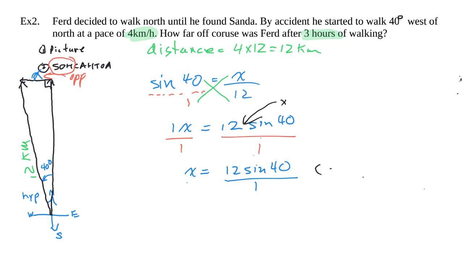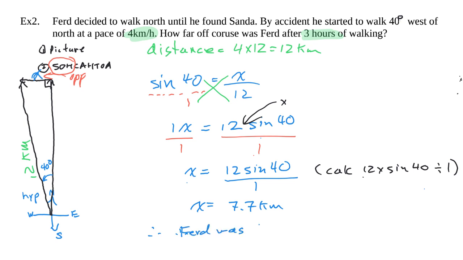On your calculator, you write 12 times sine 40, and then divide by 1, and you end up with x being 7.7 kilometers. Then you answer, therefore, Ferd was 7.7 kilometers off course.